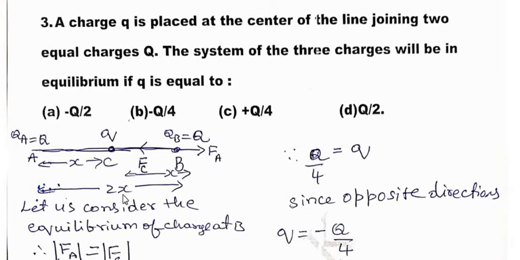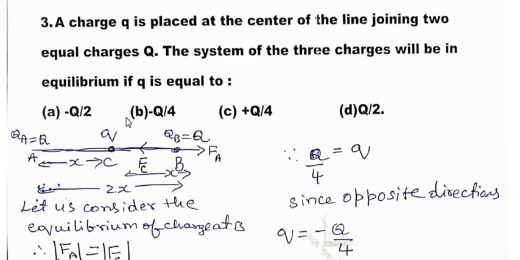Now the question is, at equilibrium, for what value of small q will the system of these three charges be in equilibrium? When do you say the system of charges are in equilibrium?